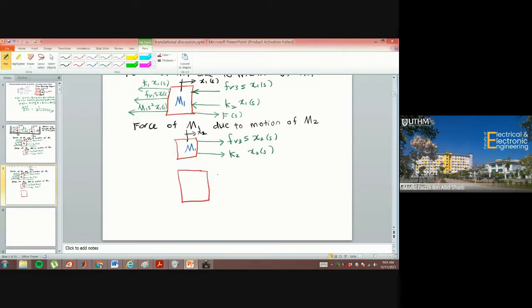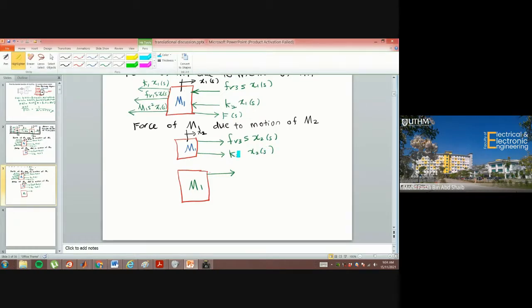Okay, we have K2. K2 here. We just randomly choose.